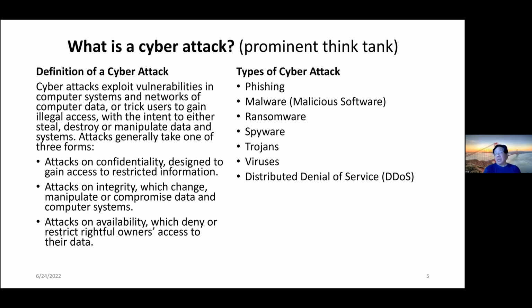Again, phishing is a kind of cyber attack. Malicious software, ransomware. Could you say that ransomware is a category of malicious software, or spyware is a category? Yes. Trojans, a particular technique that's used. Viruses. Again, these are not at the same level of abstraction.